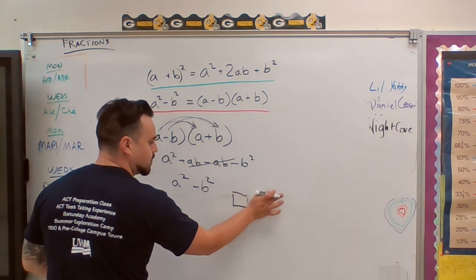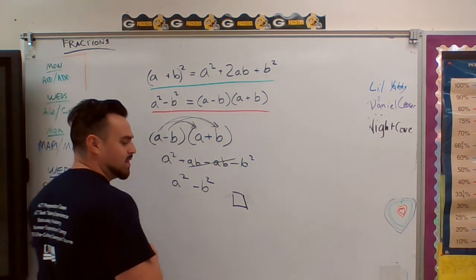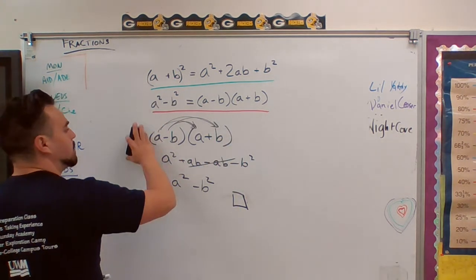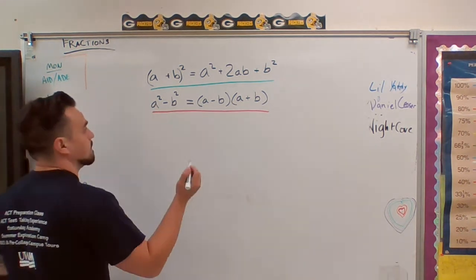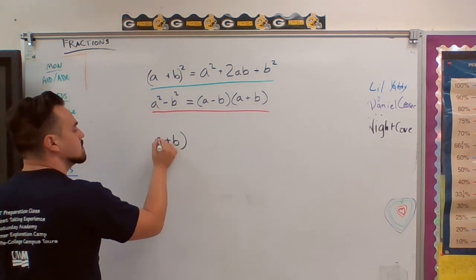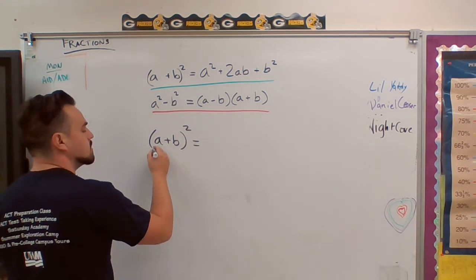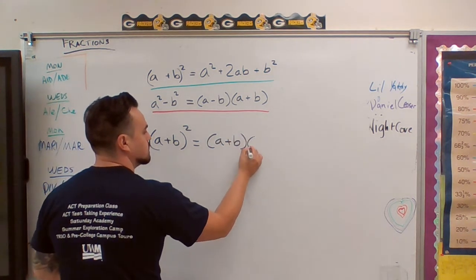And we'll have A squared plus and minus, those cancel, minus B squared. Prove it. No, that's a bad square. If you prove something, you can draw a little square at the end there. Let me just prove this top one so that you guys see what I'm talking about. This top one, a plus b squared. Let's set it up.